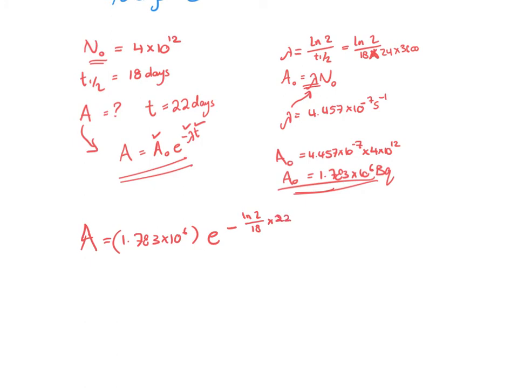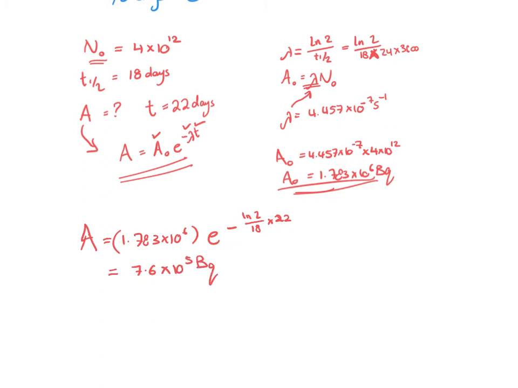So here, this is why I said before, maybe you don't have to, but obviously because we did the activity, we had to change into seconds. But here I don't have to. I can simply simplify it. And once I place that in the calculator, you will get an activity of 7.6 times 10 to the 5 becquerel.